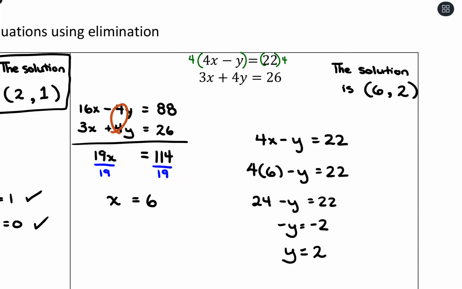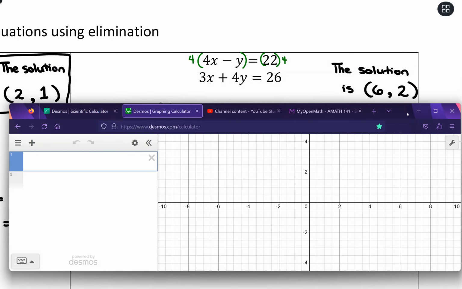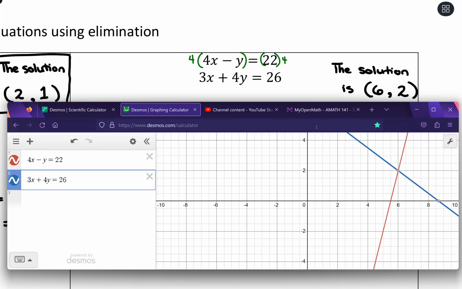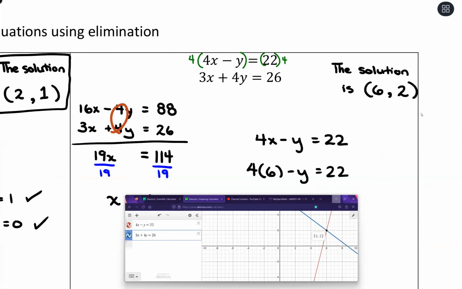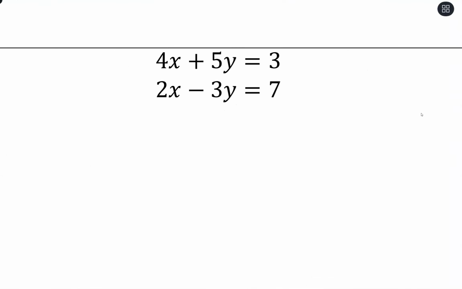All right, let's check that answer, but let's use Desmos this time. Let's go to that graphing calculator and grab 4x minus y is equal to 22, and 3x plus 4y is equal to 26. And there's our coordinate, 6, 2. Perfect.